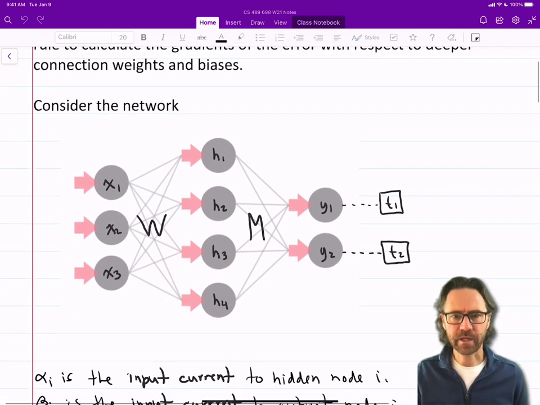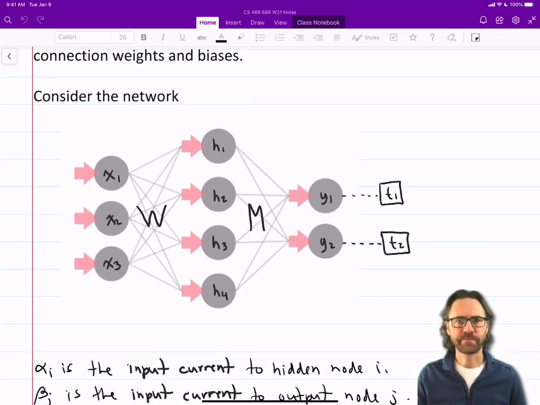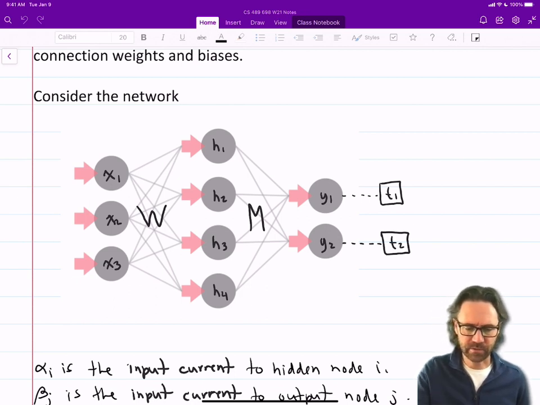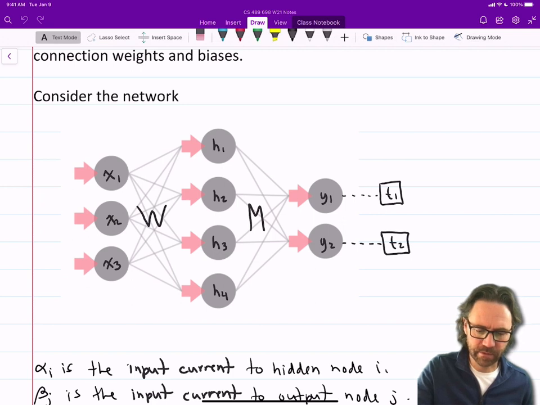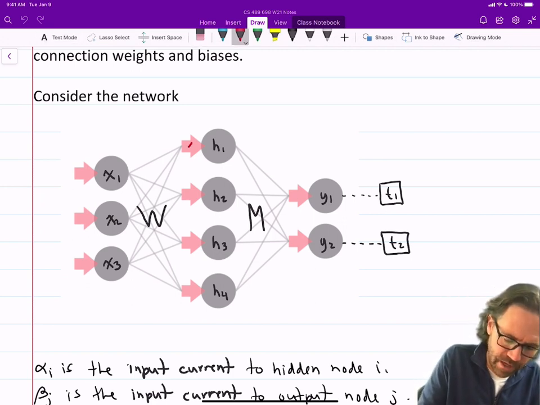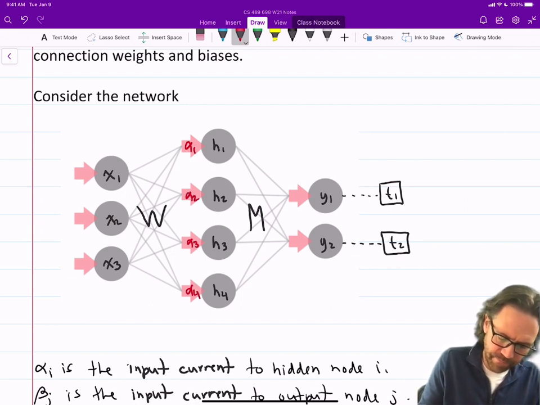So let's start out by considering this network. It's 3 inputs, 4 hidden neurons, and then some outputs. Just to label some of these, let's call these input currents alphas: alpha 1, alpha 2, alpha 3, alpha 4. And up here we'll call these beta 1 and beta 2.